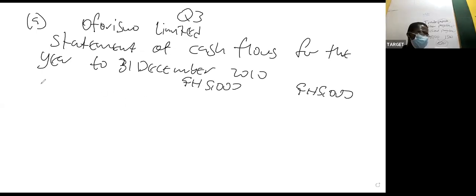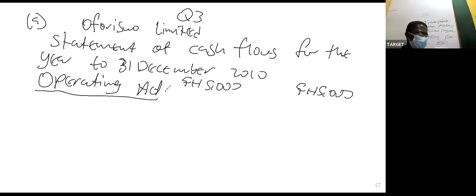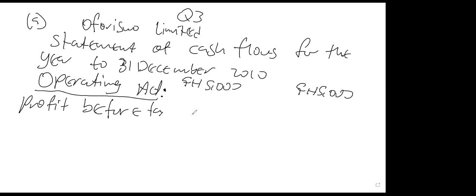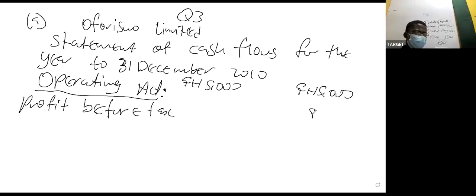Okay, so I wrote here operating activities, right? Cash flow from operating activities. You can underline it like this. The first item is what? We wrote profit before tax, and I think I had 880.